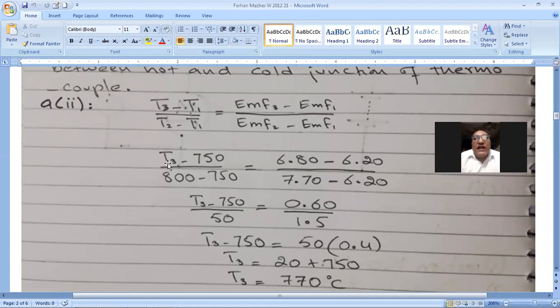T3 is the temperature we want to find out. At T3, the EMF reading is 6.80. T1 is 750 and the EMF1 reading is 6.20. T2 is 800 and EMF2 is 7.70. Just do the calculation and you get the value of T3, that will be 770 degrees centigrade.